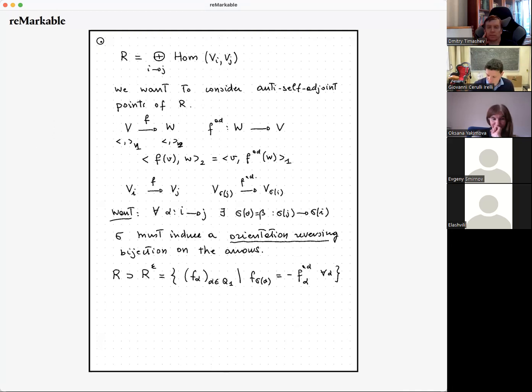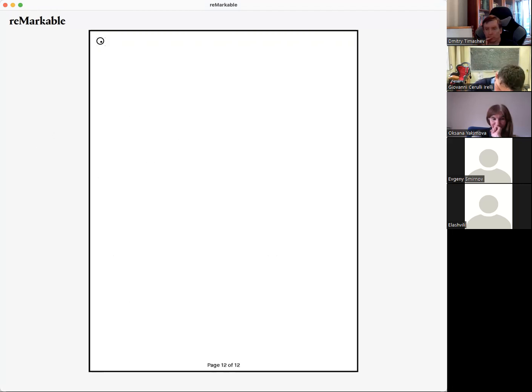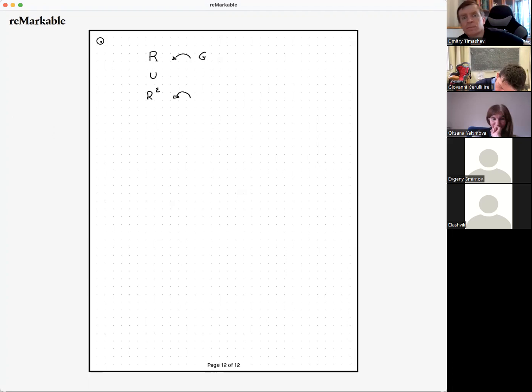Okay, now five minutes are left to present the main results here. Okay, and then what's the situation? So we have R acted upon by G, and inside there is R_epsilon, and this R_epsilon is acted upon by G(V).